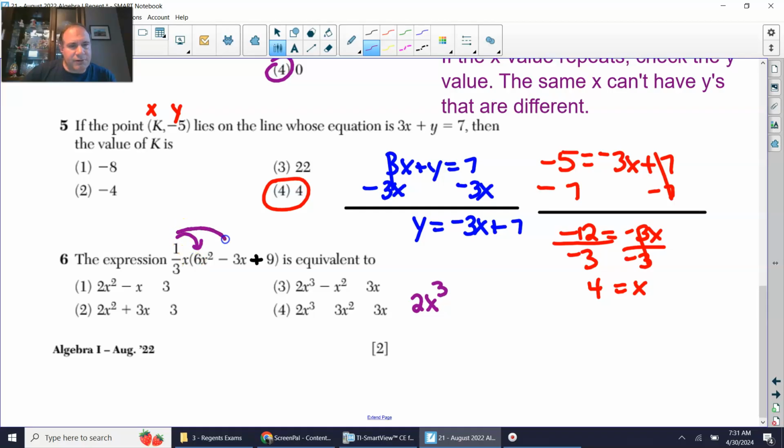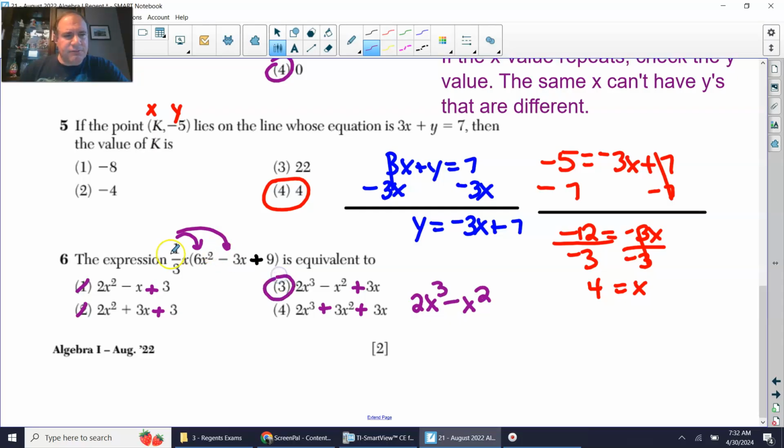And then you do 1/3 times -3. So this is 2x to the third. I just put in the pluses and minuses that were not there. Just doing that first one, I would see that 1 and 2 are out, and then 3 is my answer.